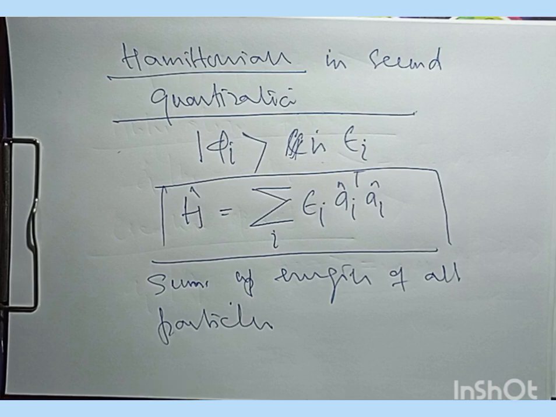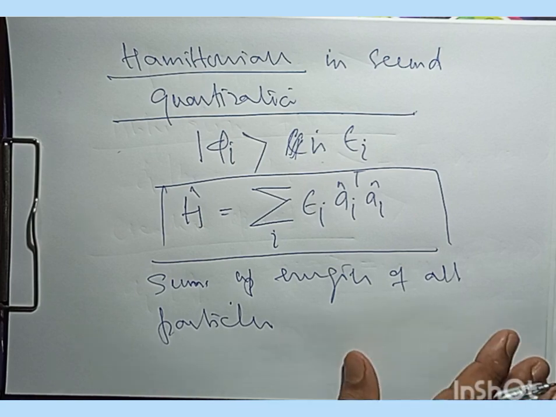Now, using this formalism, we can derive the famous distribution known as the Bose-Einstein distribution.